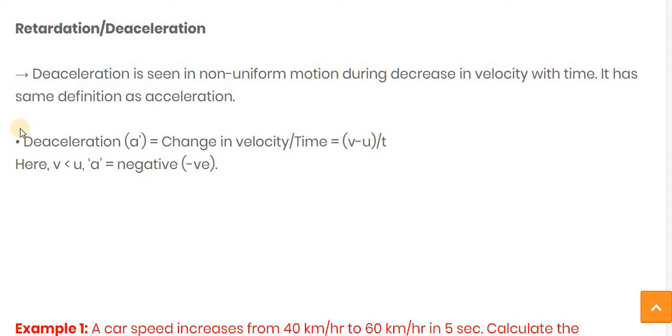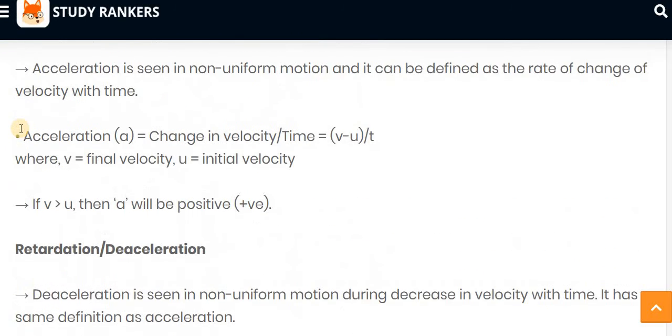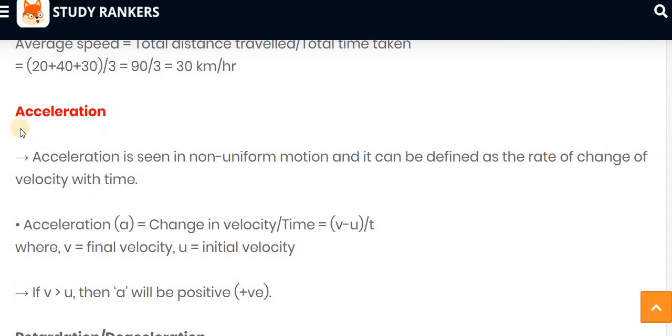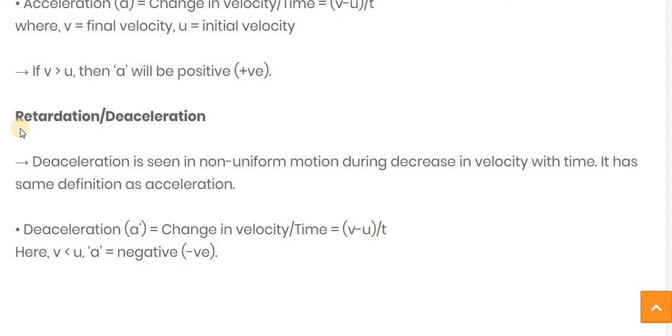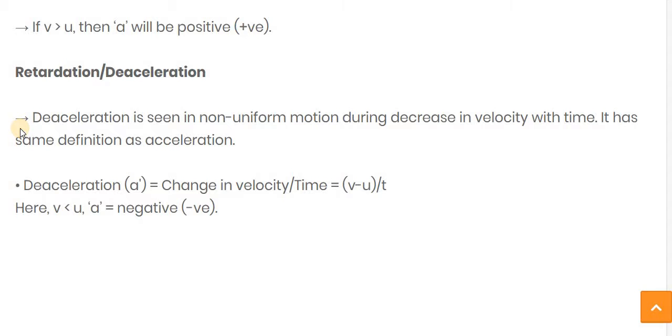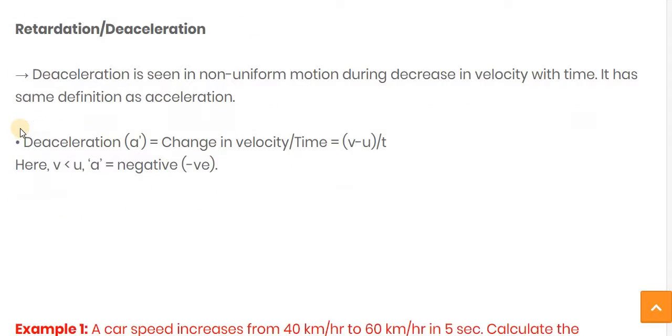In acceleration we get a positive value, whereas in retardation, or you can say deceleration, we get a negative value, because in this kind of condition the motion is decreased, means the body's velocity decreases with time. So we get the negative value.